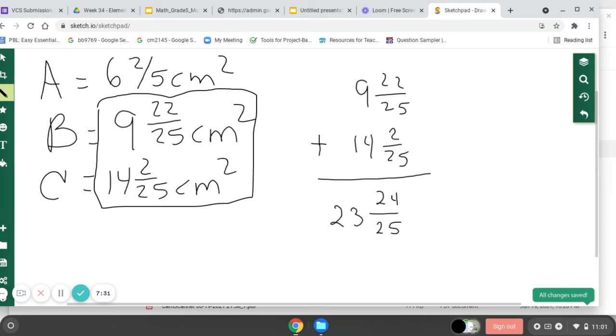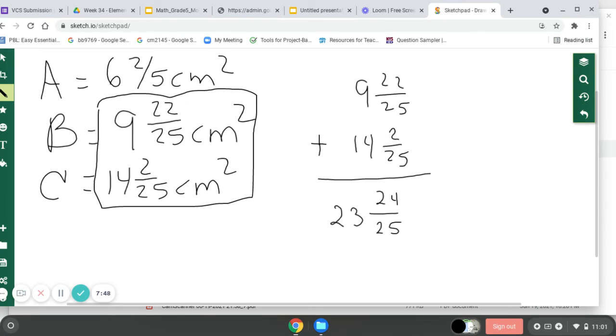So when we add those 2 fractions together, we get 23 and 24/25. But we're not done because we still have to add the area of rectangle A.